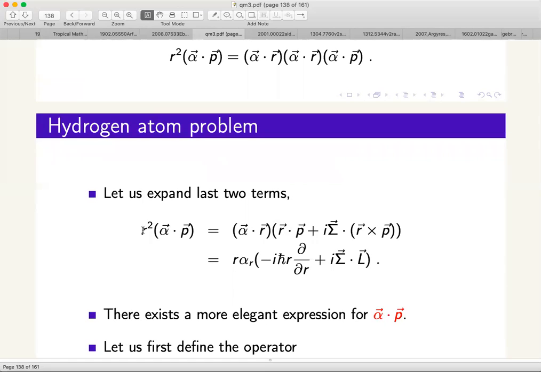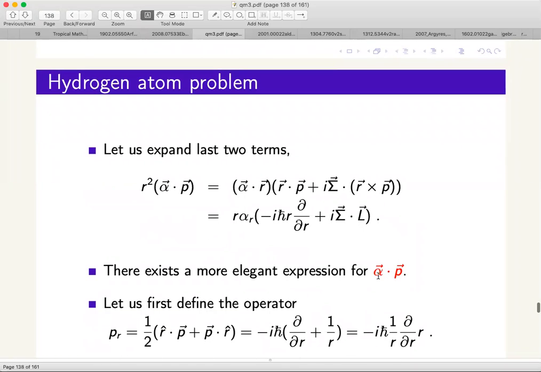We use that fact to simplify this r squared alpha dot p piece into r times alpha_r, which is the radial component of the alpha vector, times i h-bar r del_r plus sigma dot L, which is the spin orbit coupling that comes out naturally from the Dirac equation.